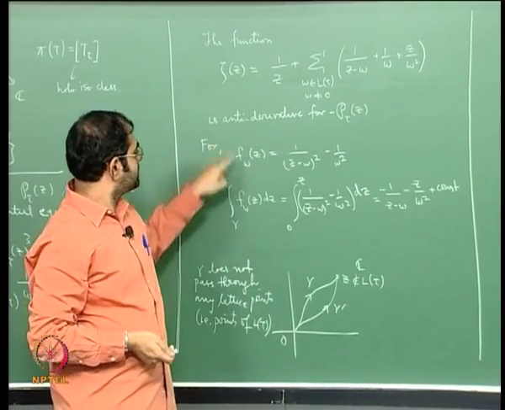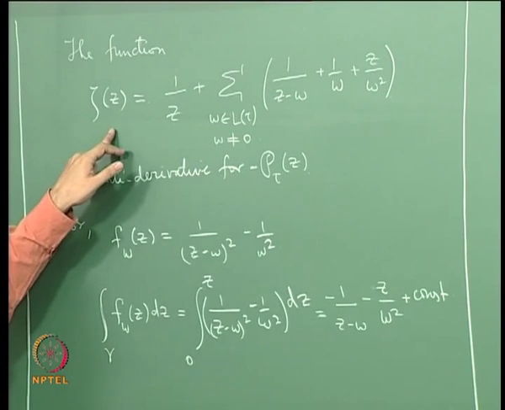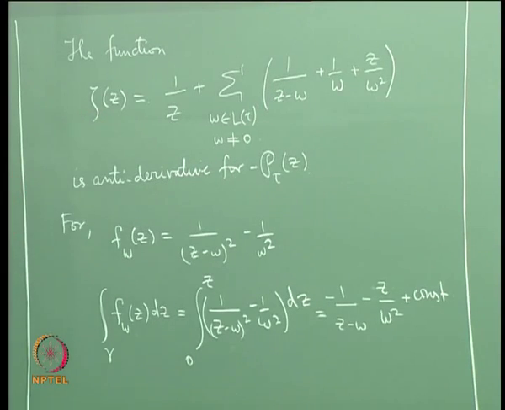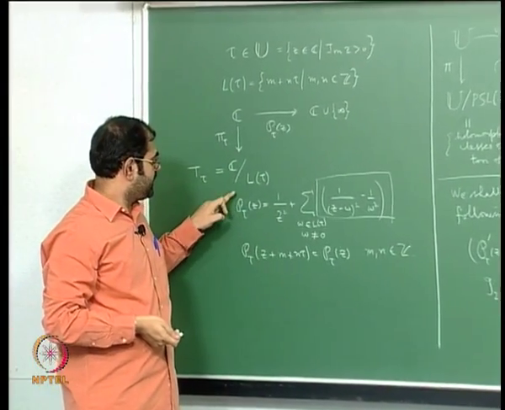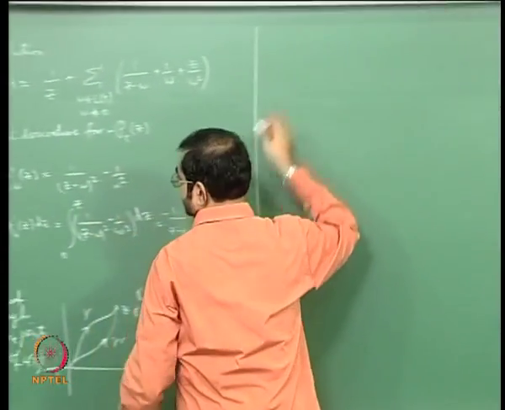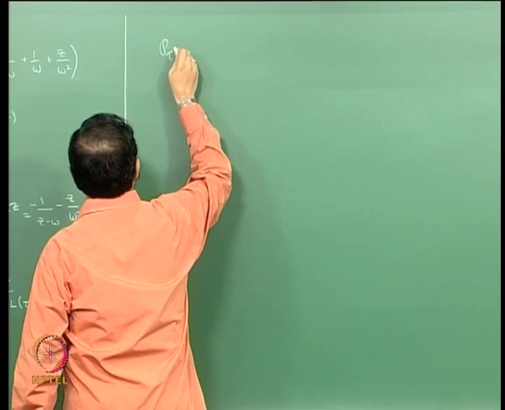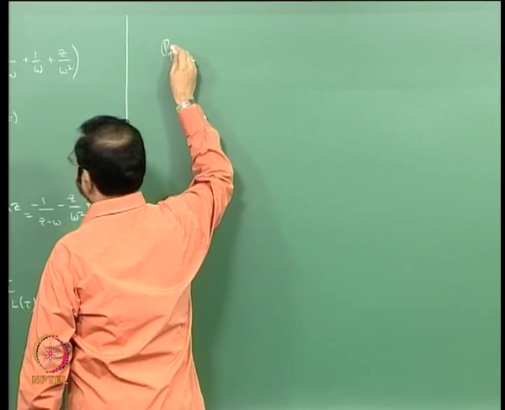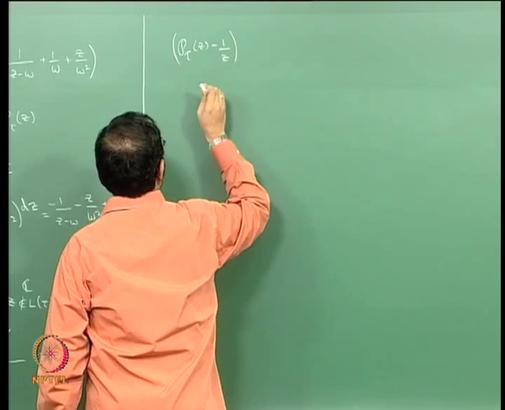I am sorry, I am not integrating this, but I am integrating this. So let me write that down clearly: p tau of z minus 1 by z.